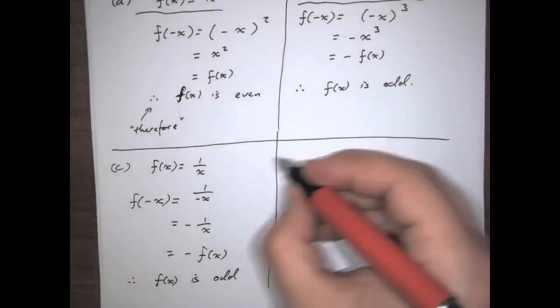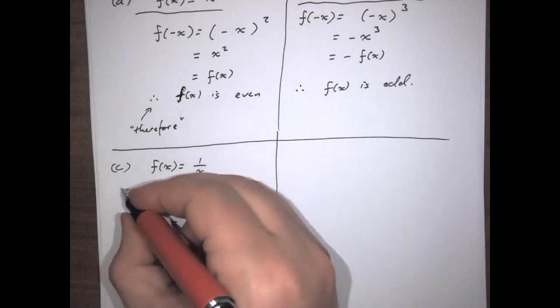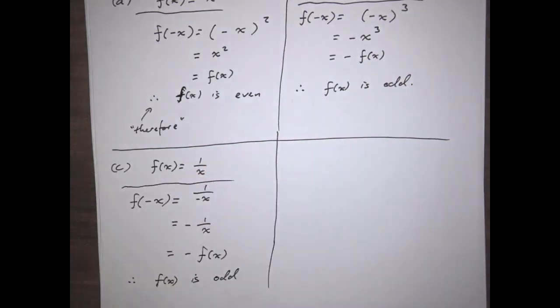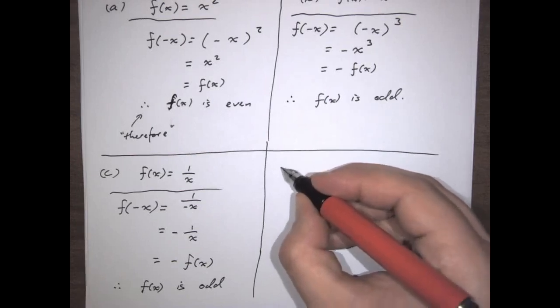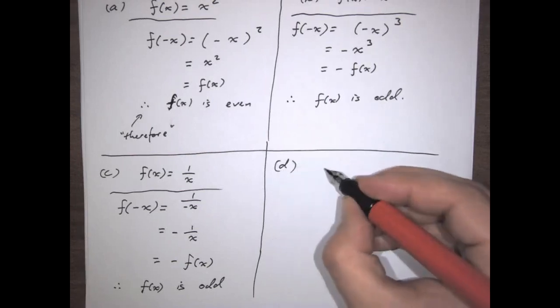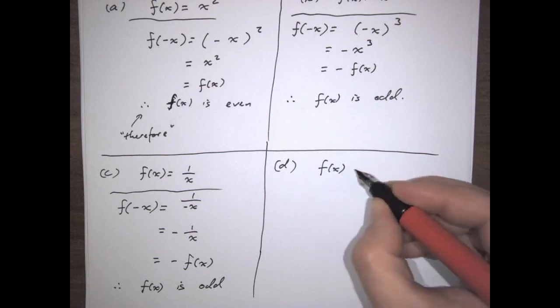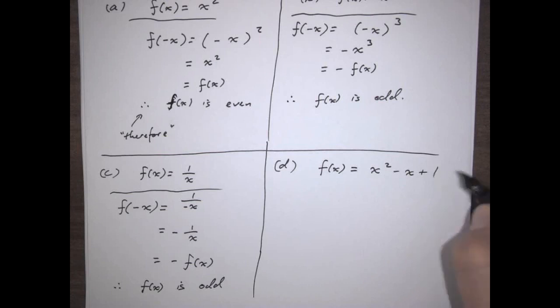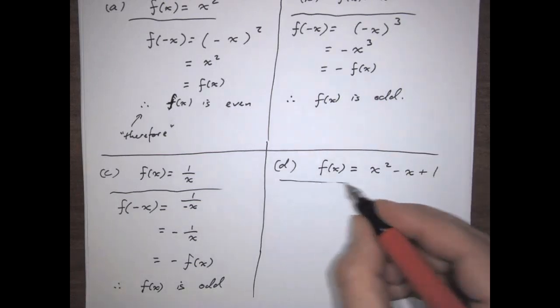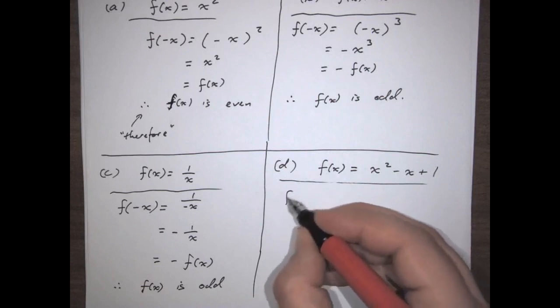Now let's look at what would happen. Let's go beyond the toolkit and look at things that are made up of pieces that are from the toolkit. Let's say f of x is equal to something like x squared minus x plus 1. So the step here is the same.